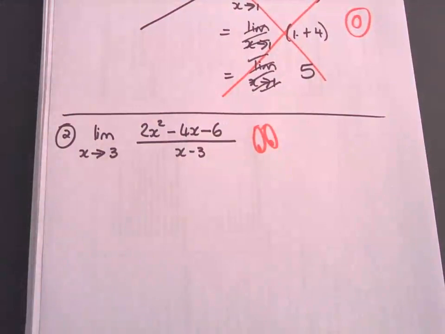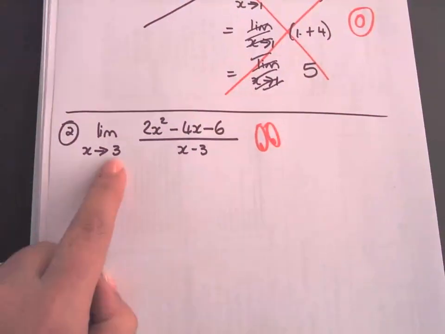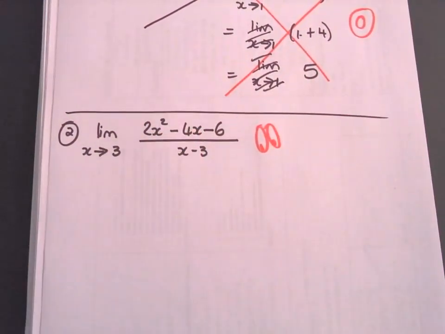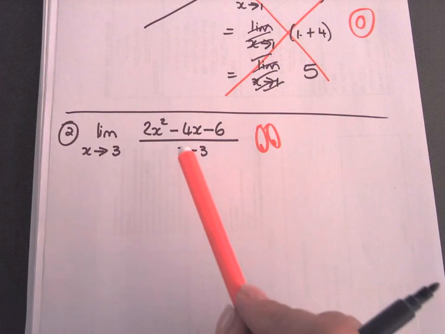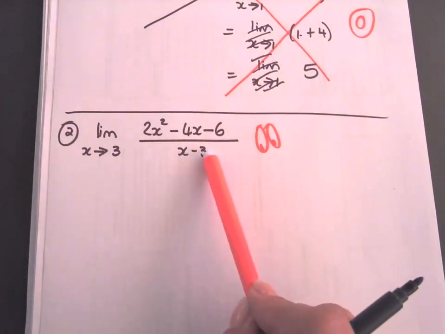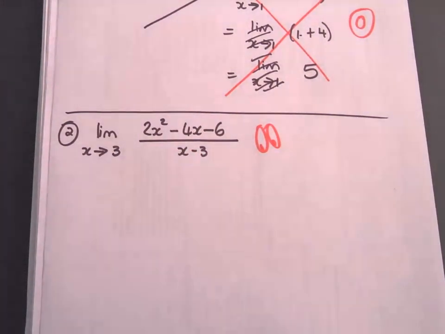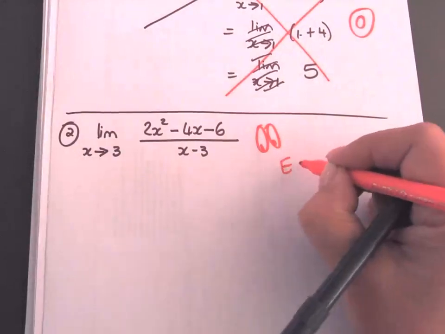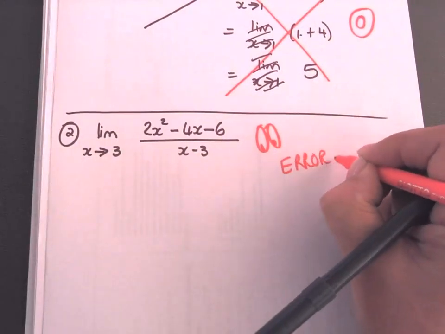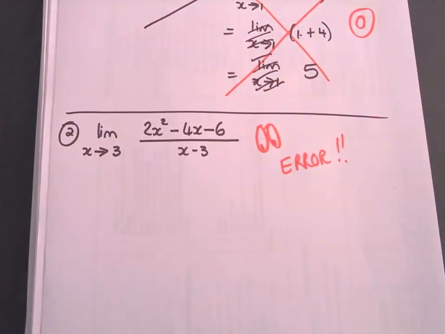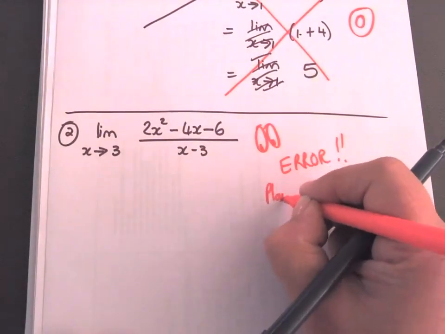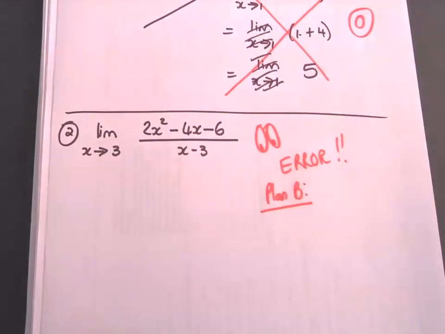Will I get an error if I substitute 3 into the x's? Yes, I will get an error because then I will divide by 0. So if you see that you will get an error, you make plan B. And what is plan B? Factors.